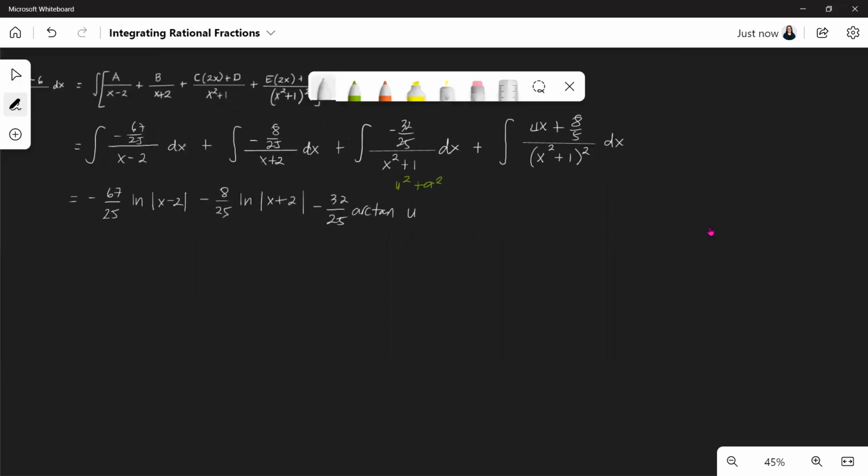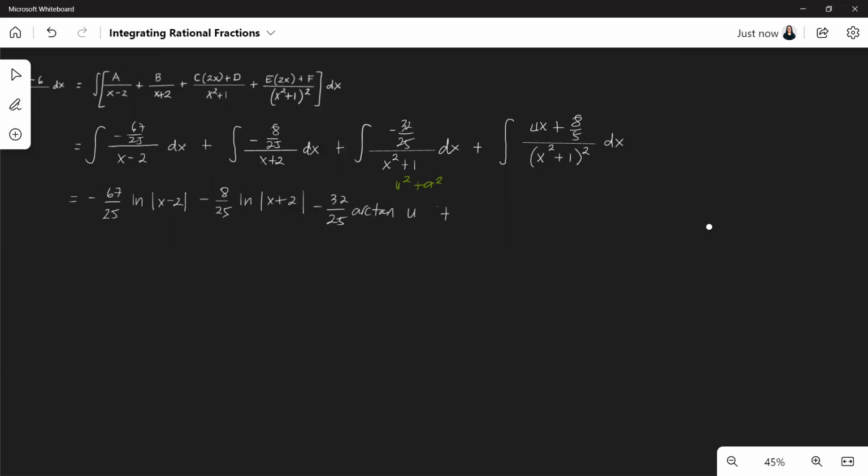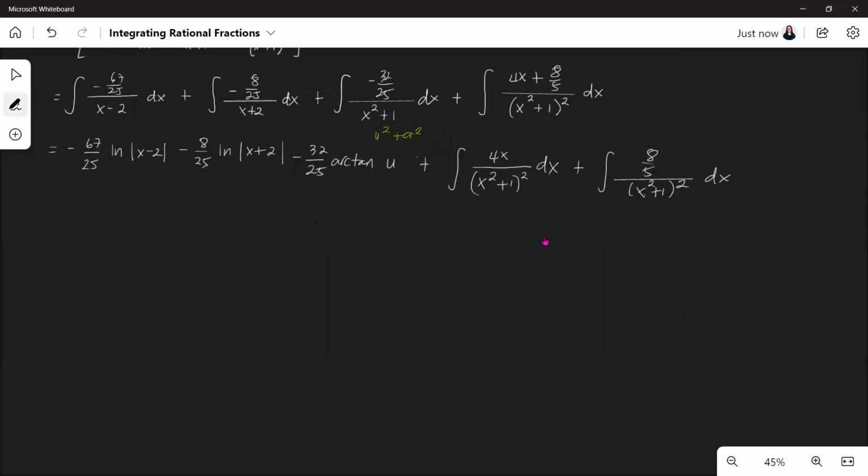One is 4x over x squared plus 1 quantity raised to the power of 2, and 8 over 5 over x squared plus 1 quantity raised to the power of 2, dx. For this one, we can let u be equal to x squared plus 1, and we can write it as u squared as long as we have the du.